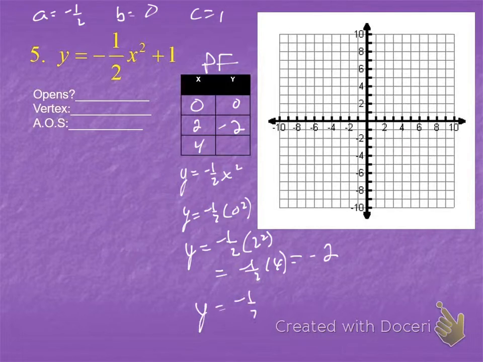And then plug in 4. Half of 16 is 8. Make it negative, so this is going to be negative 8. Okay? And we want to graph that.